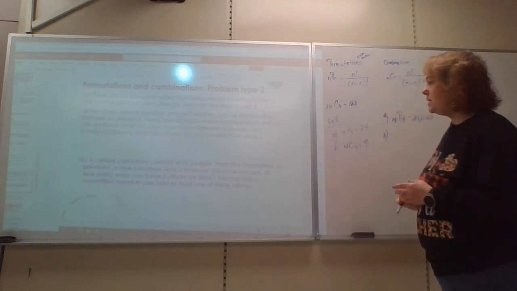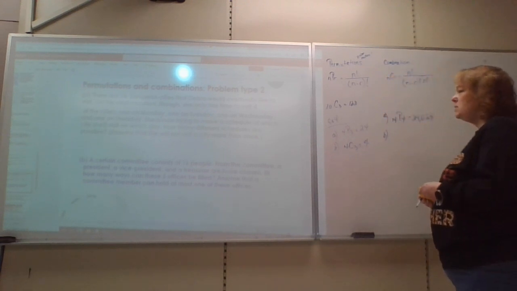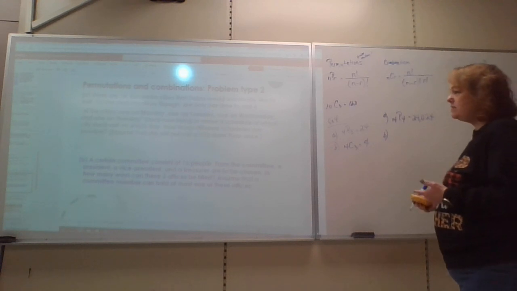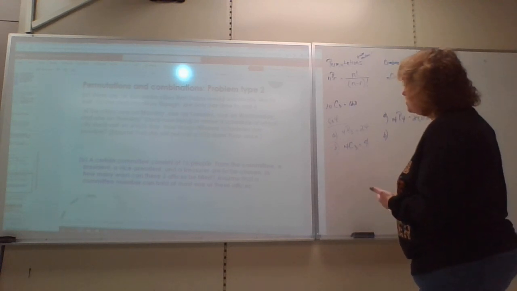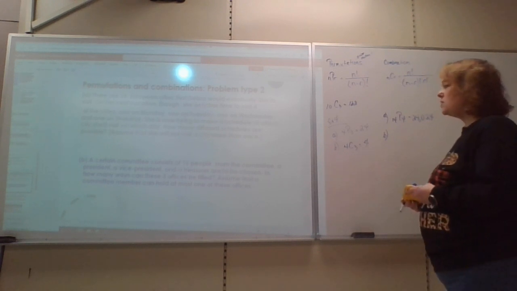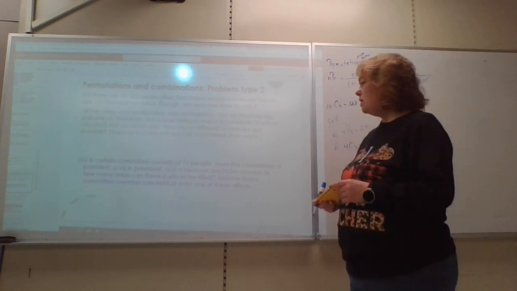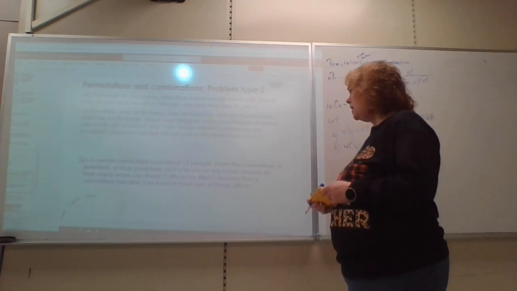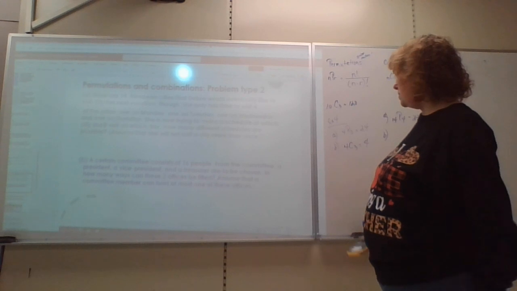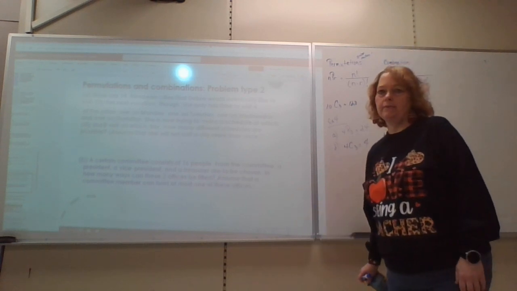Okay, going to B, we have a committee that consists of 16 people. From the committee, a president, a vice president, and a treasurer are to be chosen. In how many ways can these 3 offices be filled? Assume that a committee member can hold at most one of these offices. So does order matter? Yes.